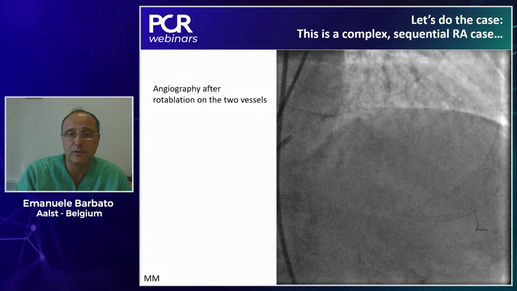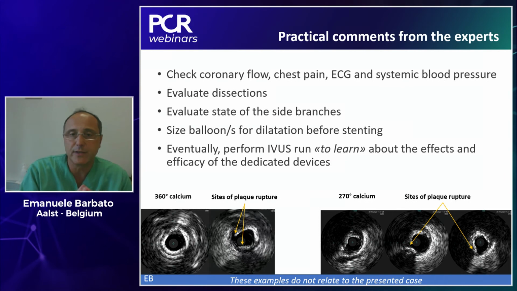Then I would evaluate for dissections, if I can have back that slide with the list. I would evaluate for dissection angiographically, but what I like to do, since I have the IVUS probe open and if I'm not in a rush, I would just do a quick pullback with IVUS to make sure that I truly disconnected the ring of calcium that prevented me from advancing with the IVUS probe before, or expanding the balloon before.